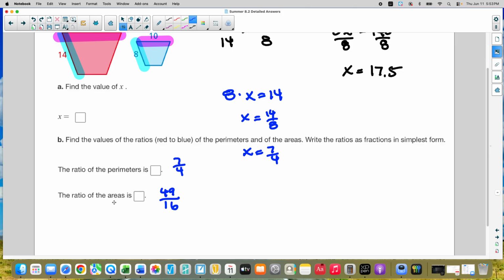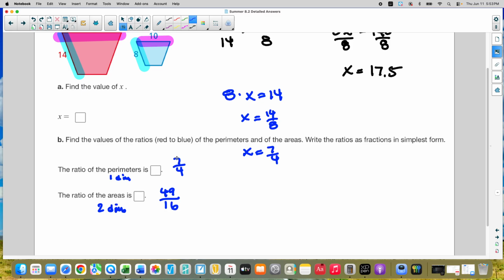So since area is 2 dimensions, we would take this 1-dimension figure and square it. We multiply it by itself. That's a very important one. And what would volume be? Volume would be how many dimensions? 3. Yeah, 3 dimensions.